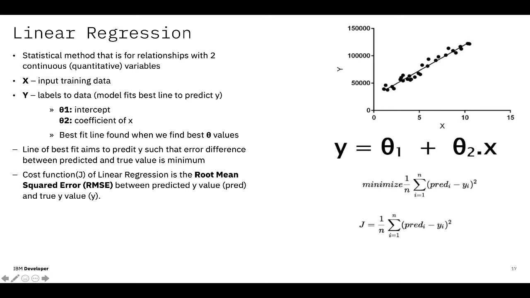So you'll have a cost function right here. This cost function J is what we call the root mean squared error between the predicted y value and the true y values. This is used in linear regression, and we're basically trying to minimize this. It's just another way of speaking about the error.